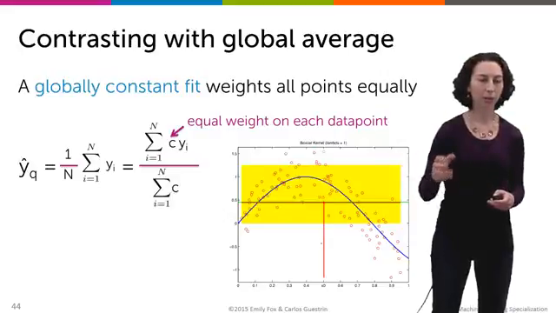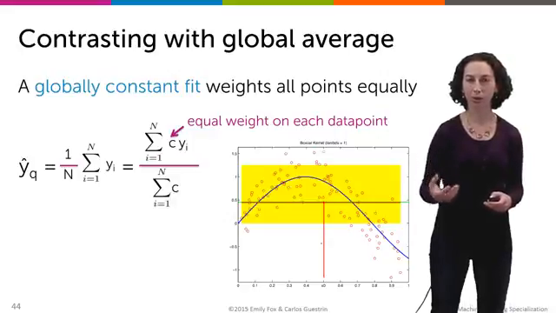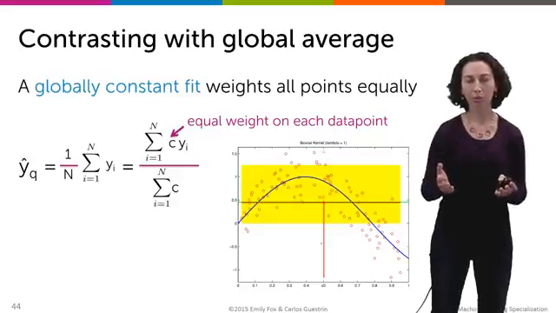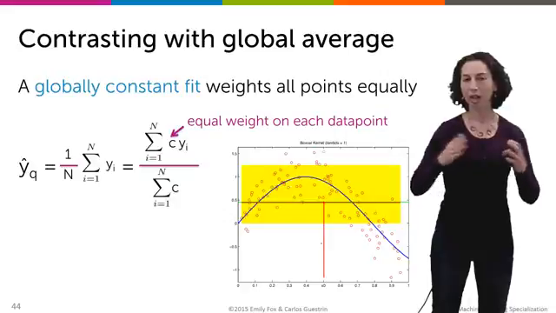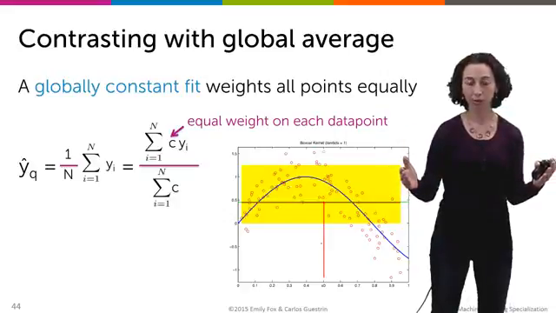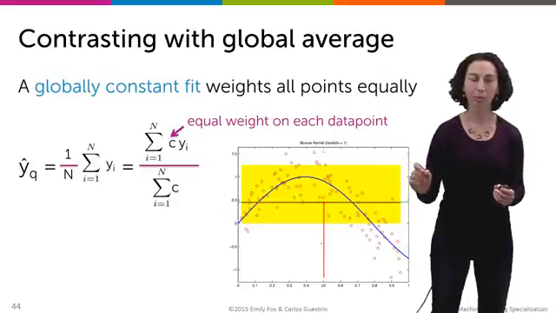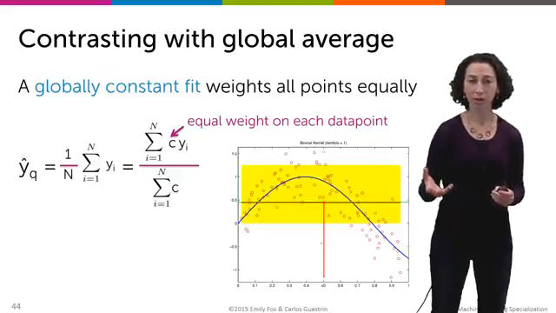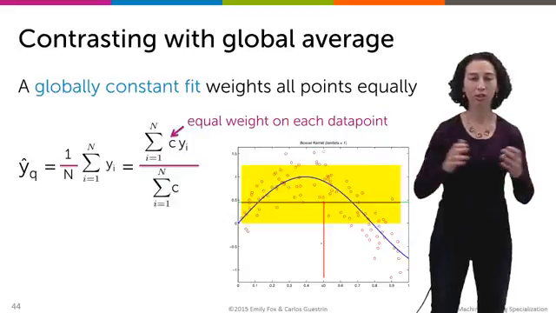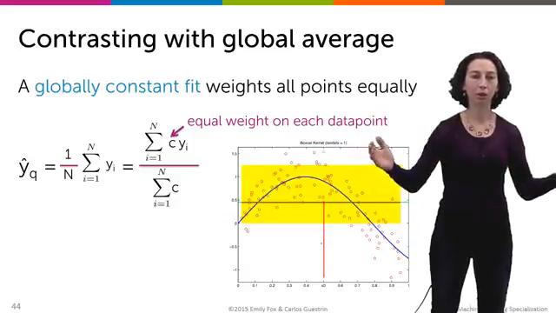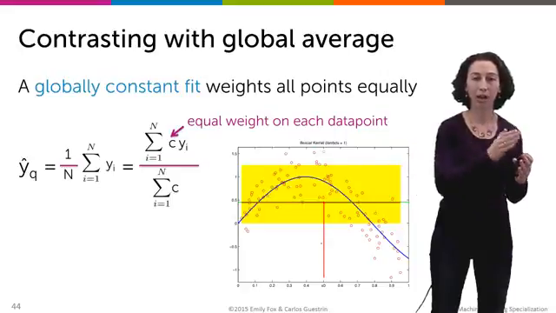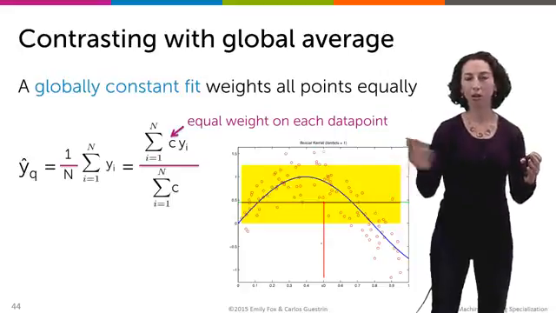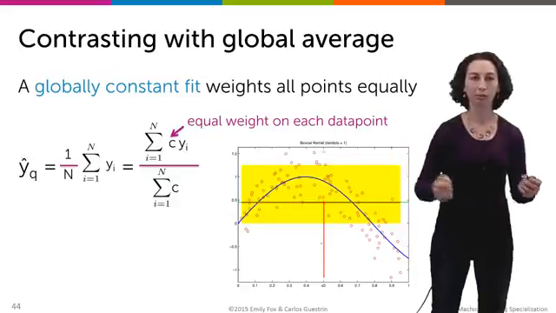Now that we've put our global average in this form, things start to look very similar to the kernel regression ideas that we've looked at, where it's almost like kernel regression, but we're including every observation in our fit, and we're having exactly the same weights on every observation. That's like using this boxcar kernel that puts the same weights on all observations and having a really, really massively large bandwidth parameter such that for every point in our input space, all the other observations are going to be included in the fit.